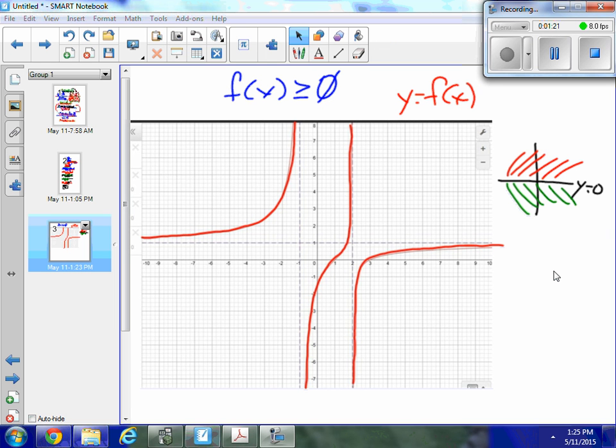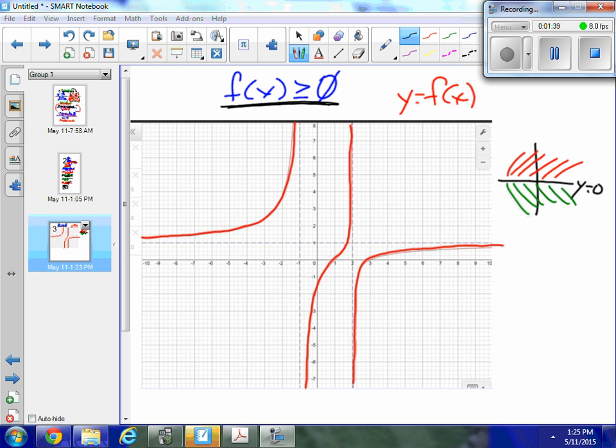So in this particular problem, really all I'm asked to do is say, for what values of x, when I'm solving inequalities, that's what I'm asking, for what values of x will this expression be true?